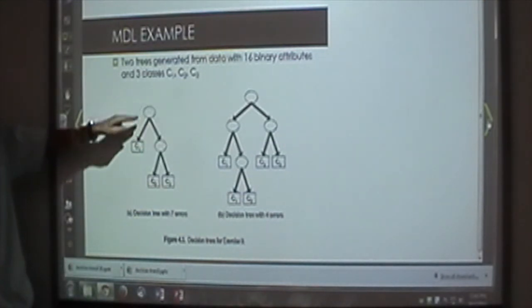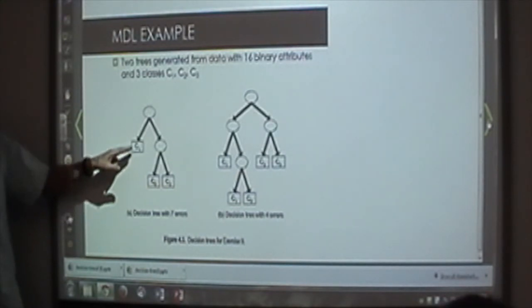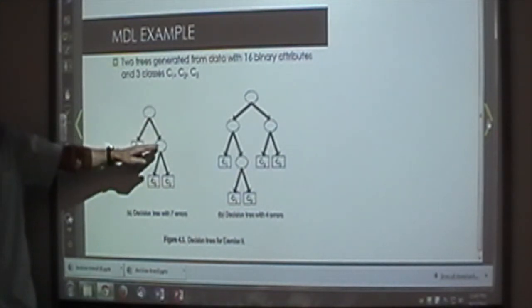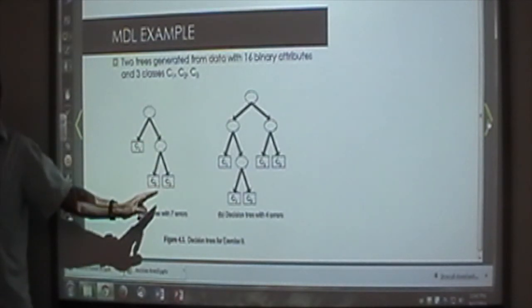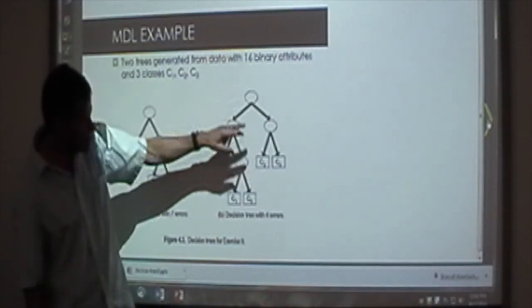The first tree splits, 1 gives you class C1, and the second one splits in another direction, which then splits into 2 and 3, right? And you can see how the second one is a more complex decision tree.